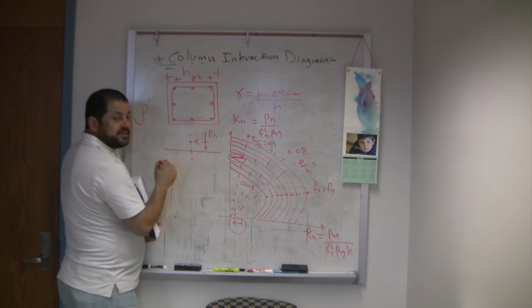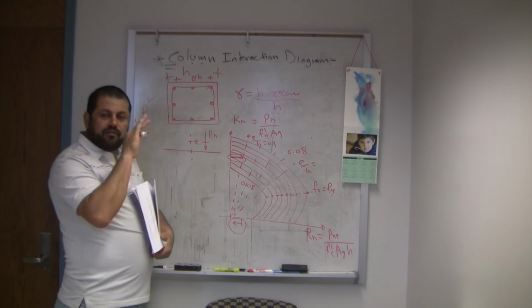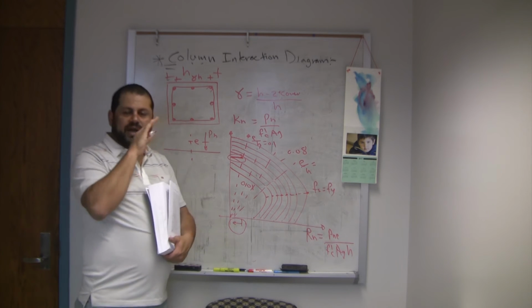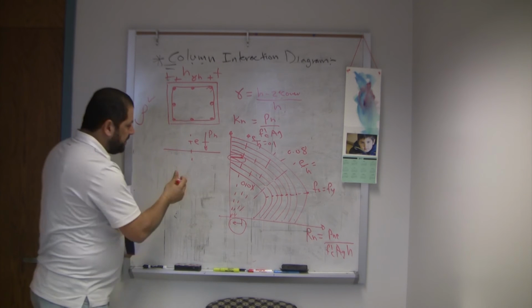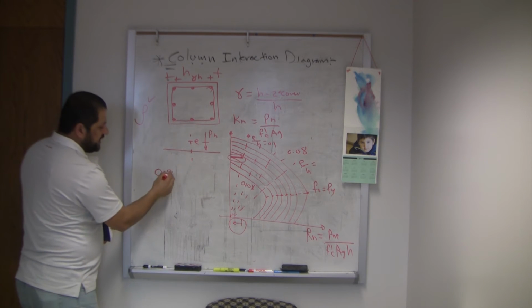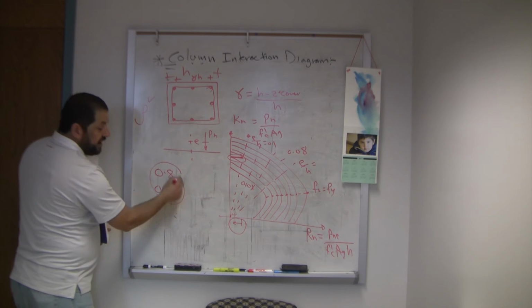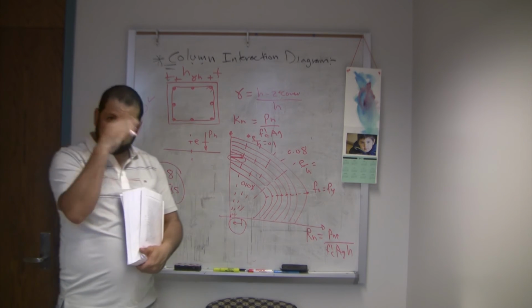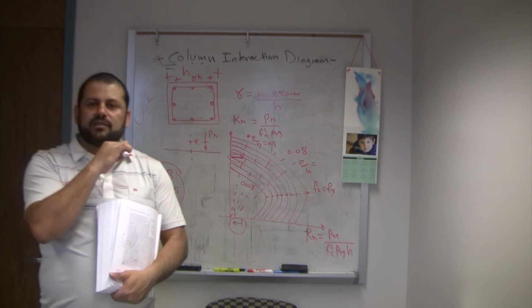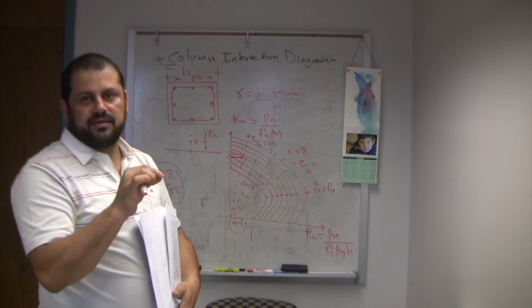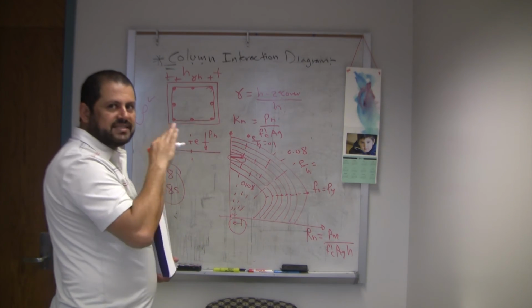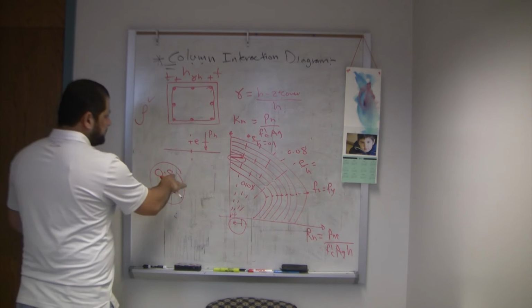That's the factor that was used for the case of pure axial loading. Remember the tied column was multiplied by a factor of 0.8, and the spiral reinforced column by a factor of 0.85. We said in the previous lecture, if you review it, that these account for accidental eccentricity.